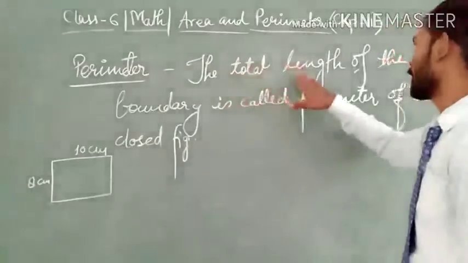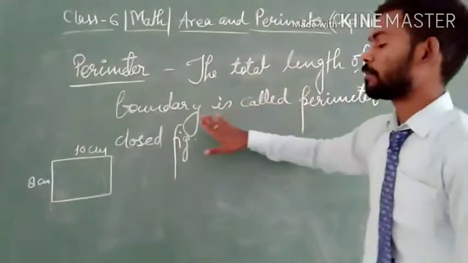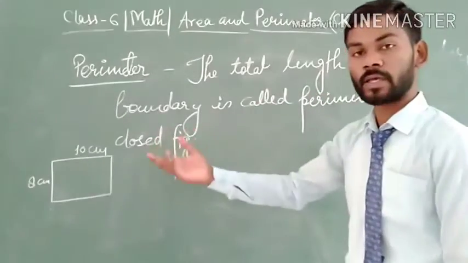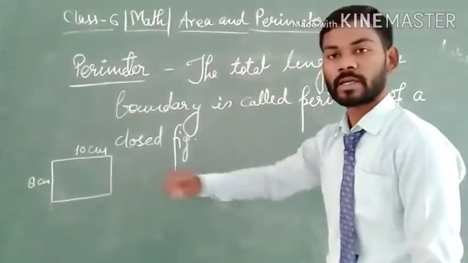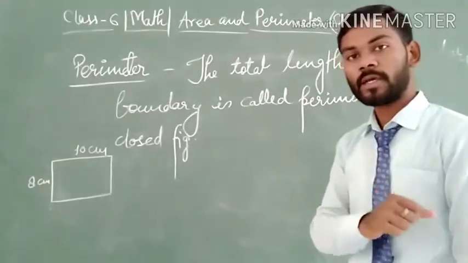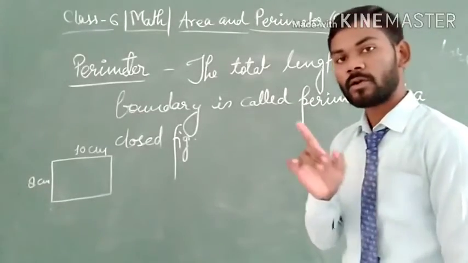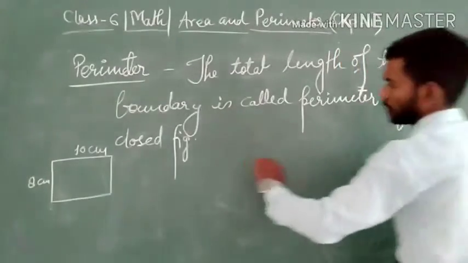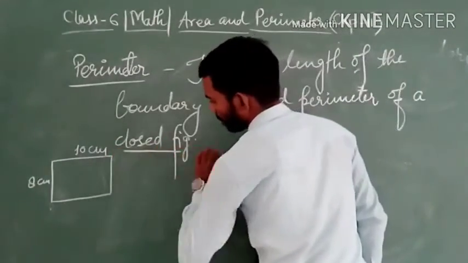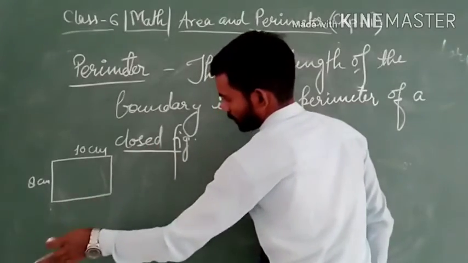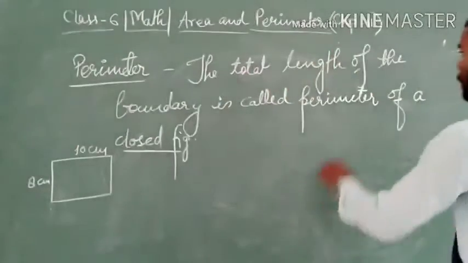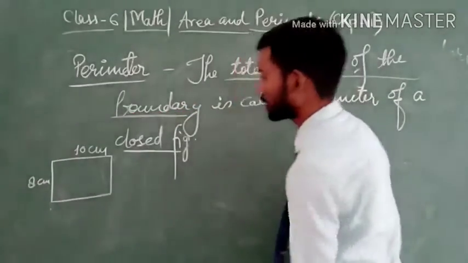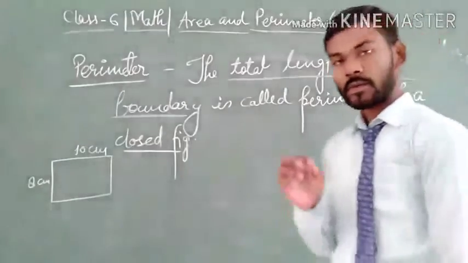The total length of the boundary of a closed figure. Since this is a rectangle and we know that a rectangle is always closed, this word has been satisfied here. Now we have to satisfy this. We have to find the total length of the boundary.